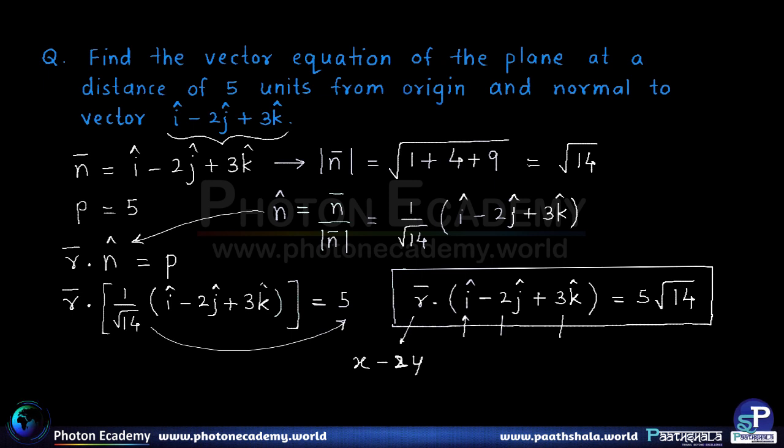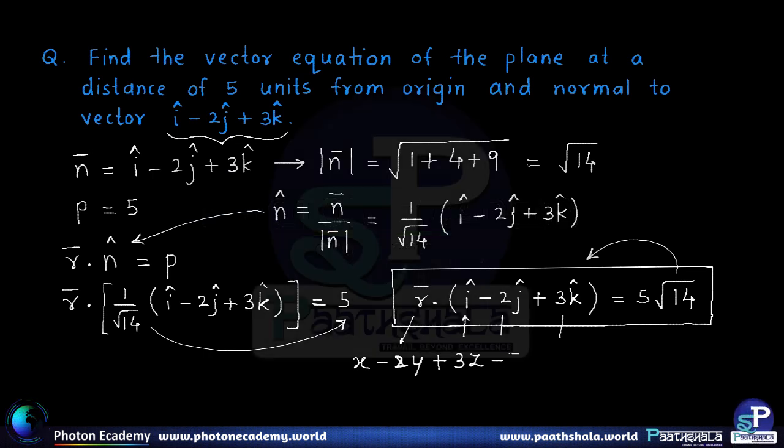Then the coefficient of k is 3, so we write plus 3z. And the constant term needs to be taken on the left side so that it looks in the standard form. So that is minus 5 root 14, whole equal to 0. So from the vector form we can easily write down the Cartesian form of the plane.